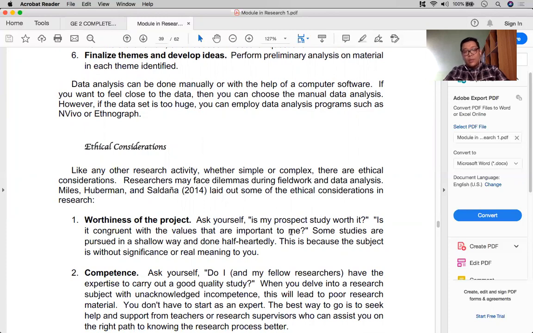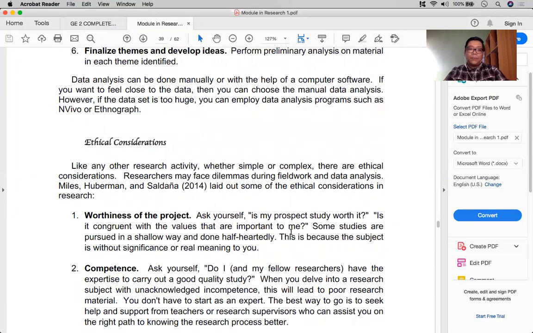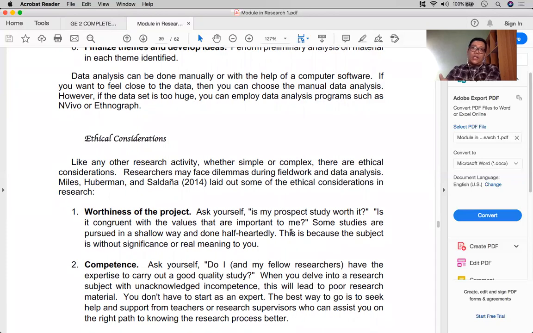But there are also other institutions which do not have this kind of committee to review the ethical considerations of the students' studies. Like any other research activity, whether simple or complex, there are ethical considerations. And ethical considerations are very, very important in the context of research.